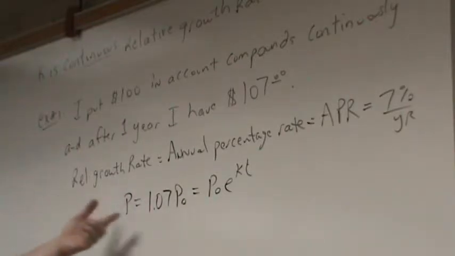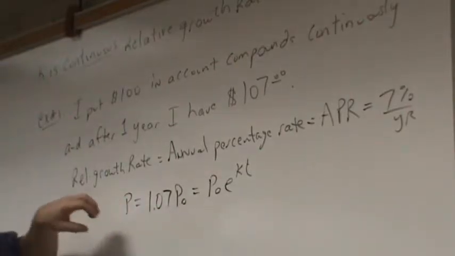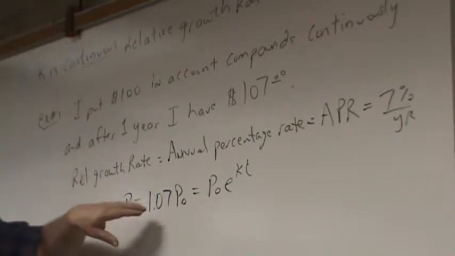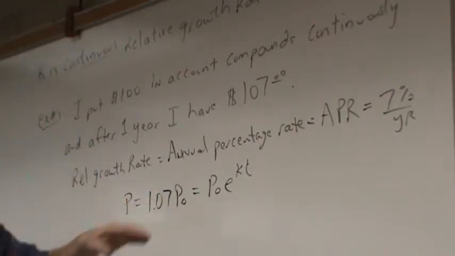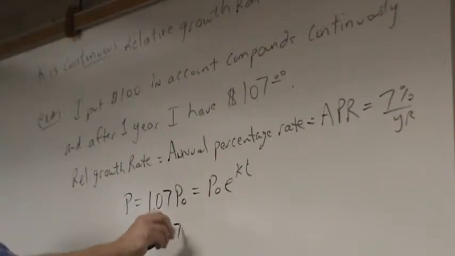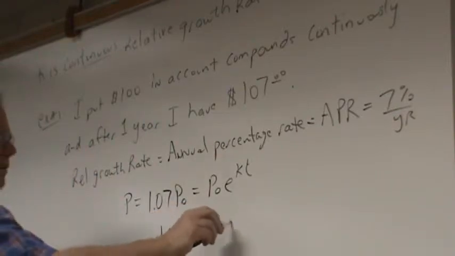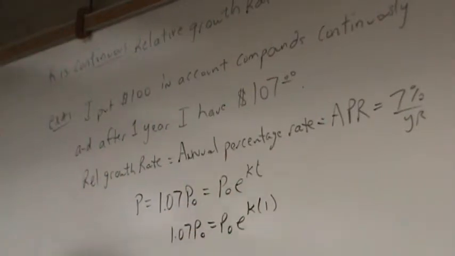My final amount of money is 1.07 times my initial amount, and that happens after 1 year.